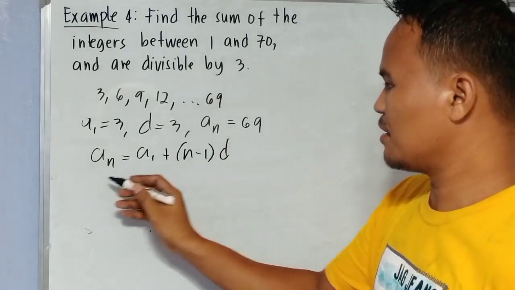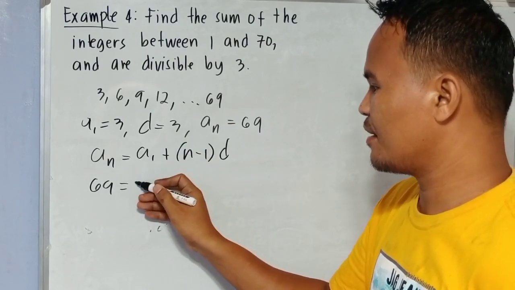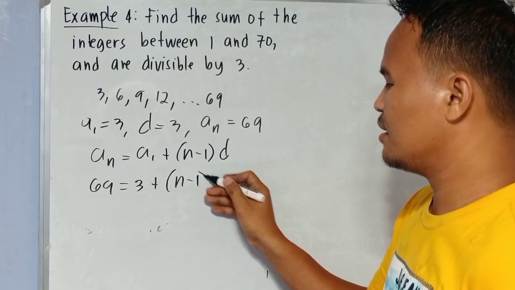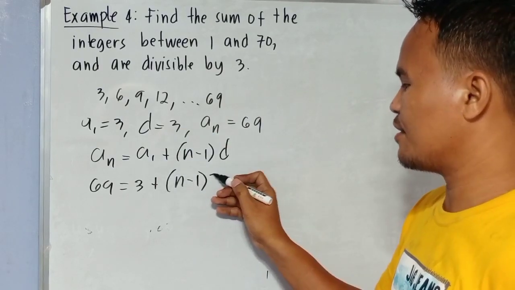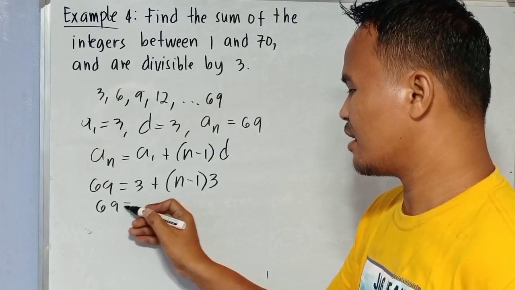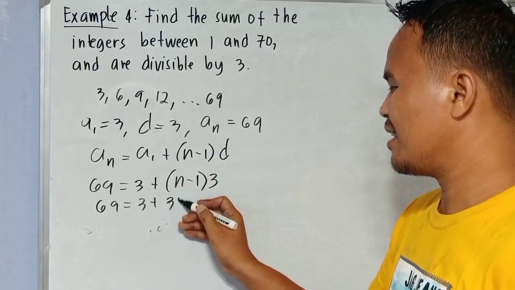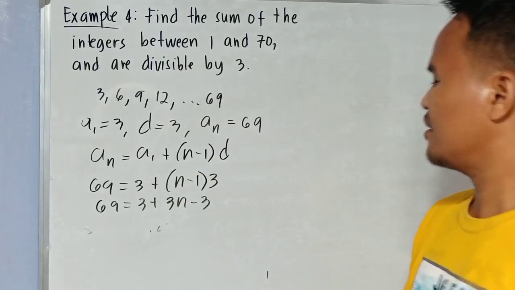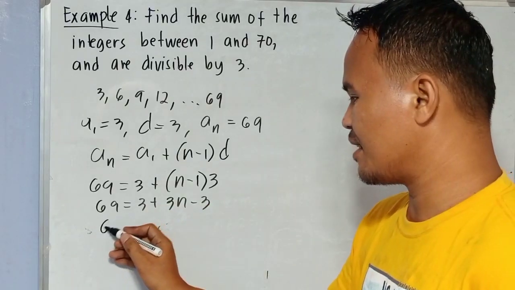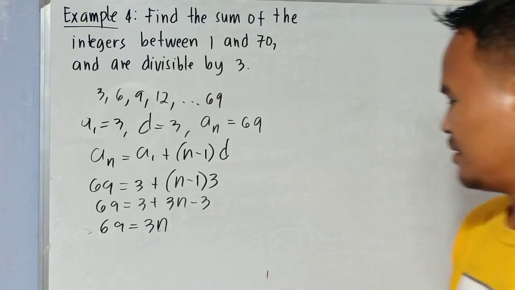So let us substitute: 69 equals the first term 3 plus n minus 1 times the common difference 3. Distribute, that's 3n minus 3. 3 minus 3, that's 0. So this will become 69 equals 3n.